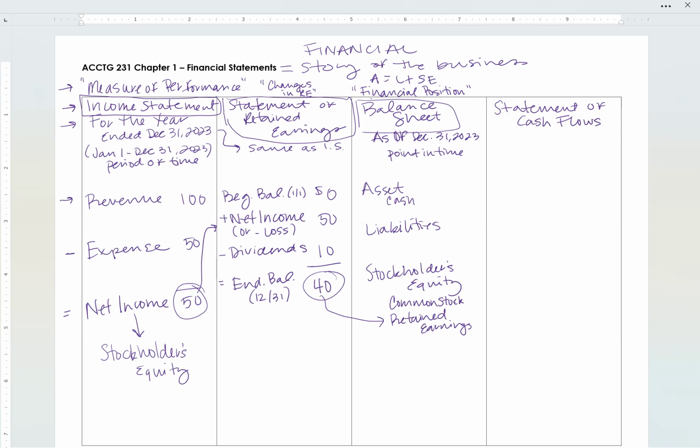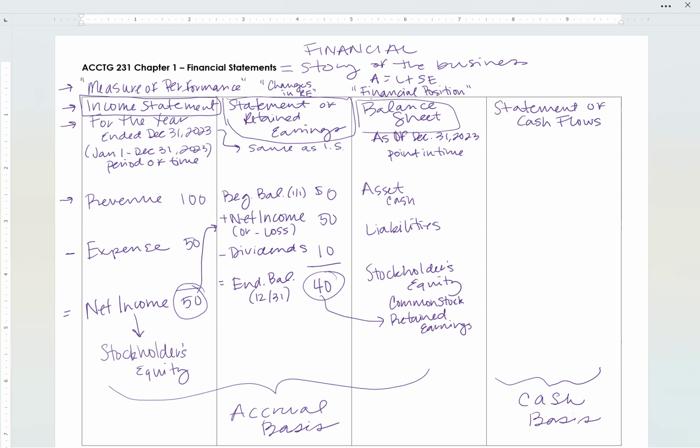So all of the previous statements are all based on accrual basis accounting. What that means is that cash doesn't have to be exchanged for a business to operate. So if that's the case, this now will get us to a cash basis of understanding what happened to our cash.